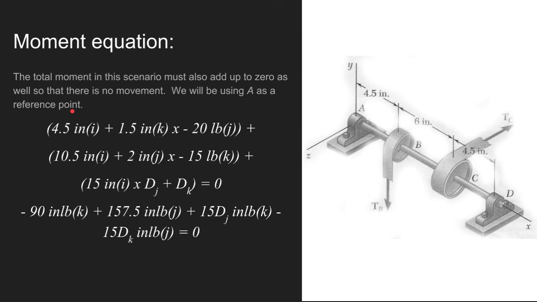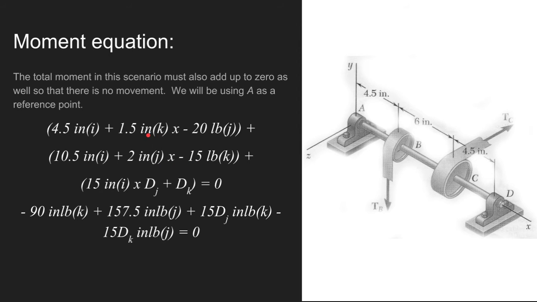So, 4.5 inches I, which is how far the first spool is on the axis, plus 1.5 inches K, which is the radius of the spool, crossed with negative 20 pounds J, plus 10.5 inches I plus 2 inches J, which again is how far the spool is along the axle as well as the radius of the spool, crossed with negative 15 pounds in the K direction, since TC is the force which is acting upon it, plus 15 inches in the I direction, since D is at the very end of the axle, crossed with D in the J direction plus D in the K direction. That all adds up to 0.